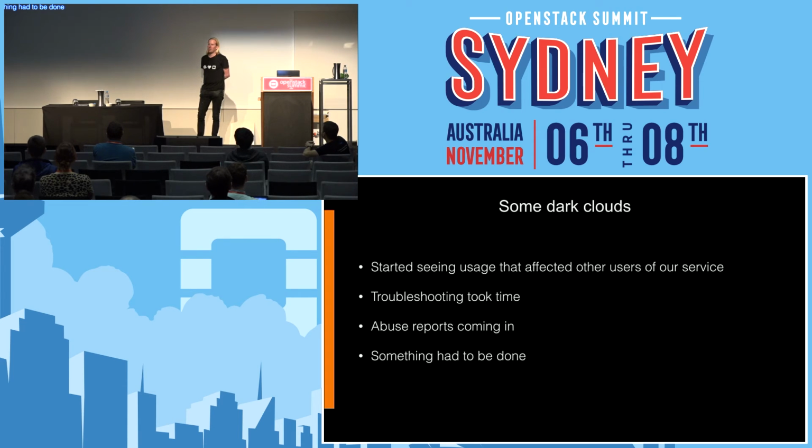Also, when we started seeing some problems with a malicious user that affected other users, it took very much time to troubleshoot it. It was hard to find which tenant was responsible for it and to be able to deal with it. So basically something had to be done.